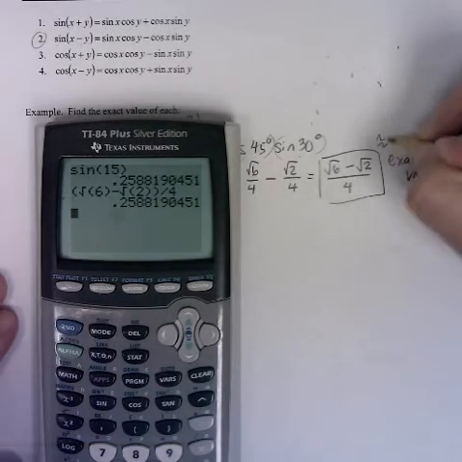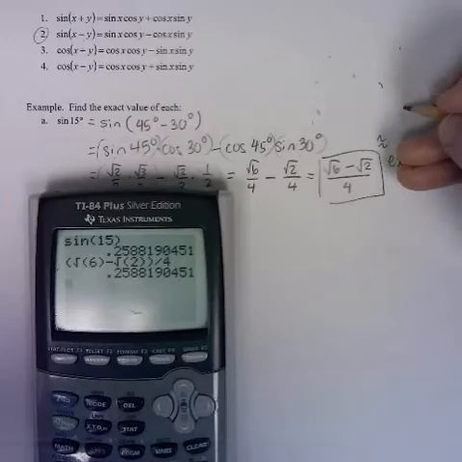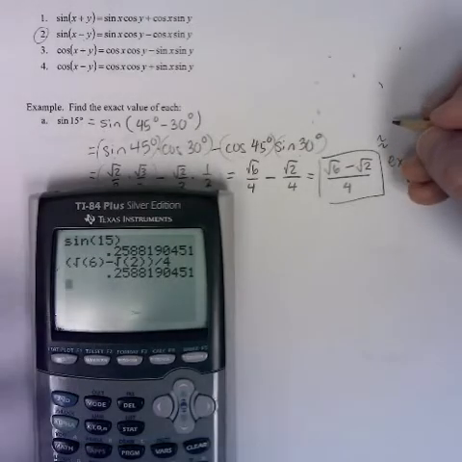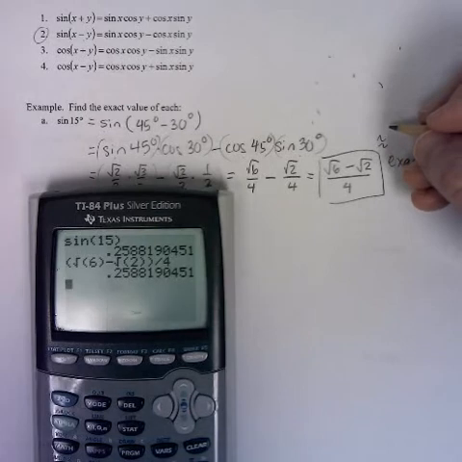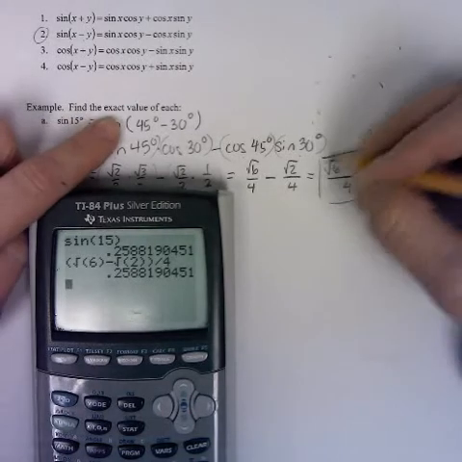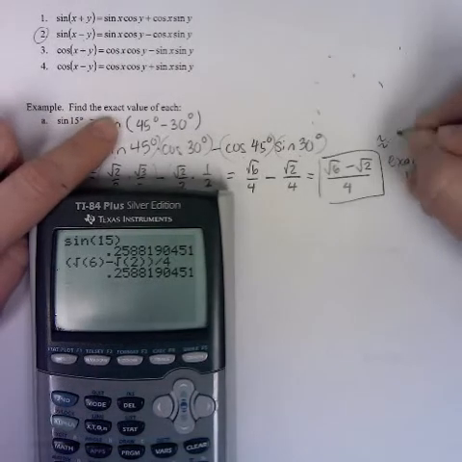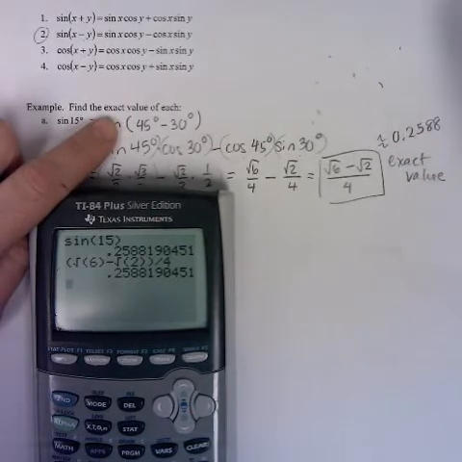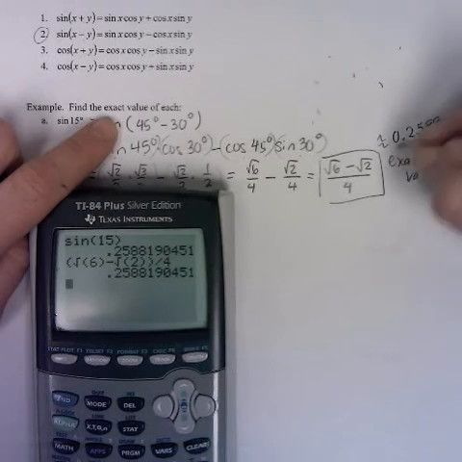And when I say, in the problems on the homework or quiz or in the worksheets, on the test, whatever, when it says exact value, we're talking about this radical representation. They're not asking you to put the 0.2588 on your test, right? So I rounded that to 4 places.